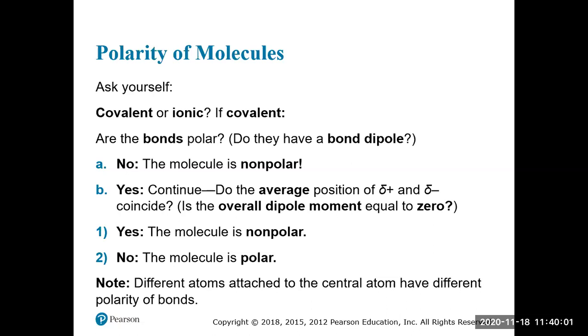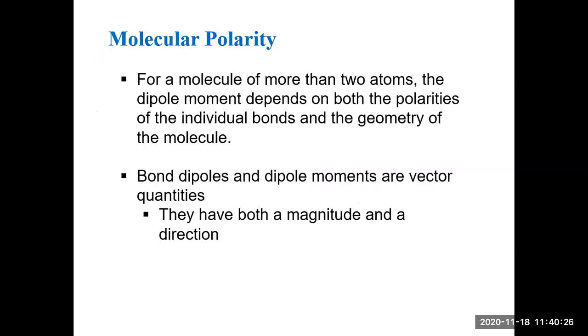But then we need to assess all of the bonds that are taking place to see if the molecule is polar or nonpolar. So we'll look at an example here in a moment, but what you're doing is you're looking at all the bonds that go around that central atom and seeing if each individual bond is polar or nonpolar, and then you're kind of adding up the total. So let's take a look at how we do that.